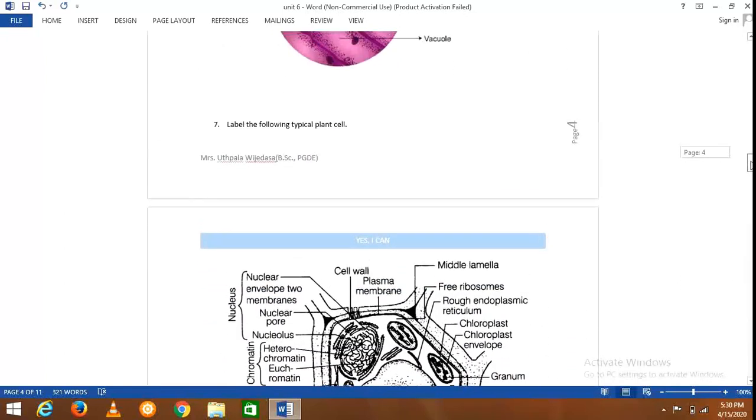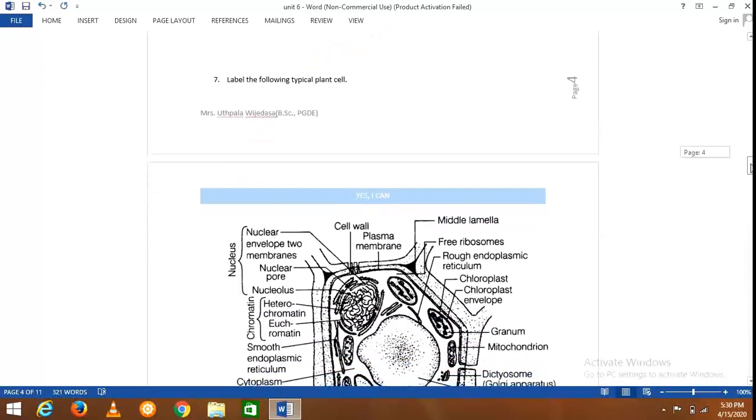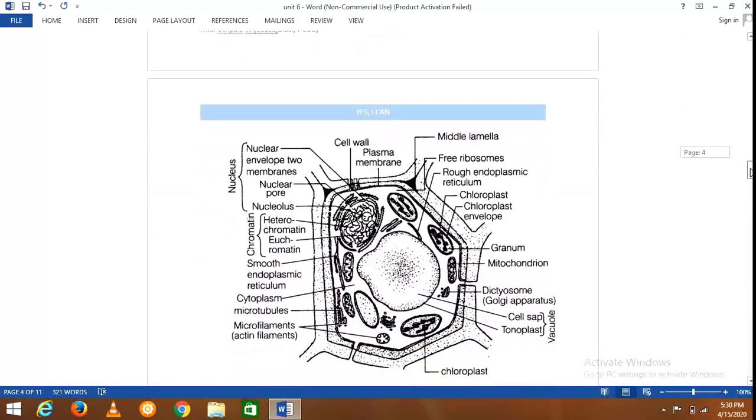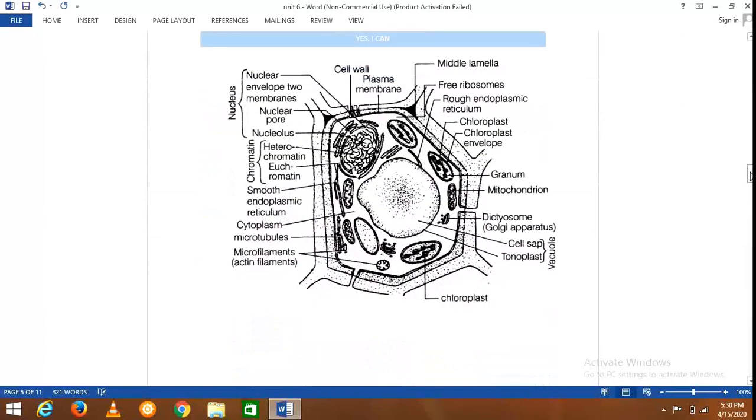So you are asked to label the parts of a typical plant cell. So here I have given an already labeled diagram, but don't be afraid. You don't need to know about the plant or animal cell up to this extent at this level. When you learn advanced level biology, you will be able to learn in detail.